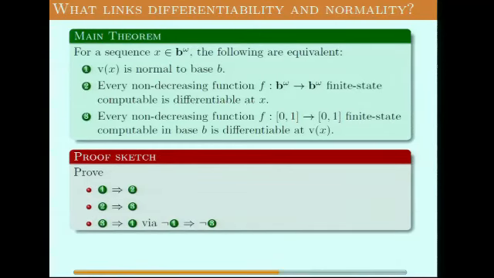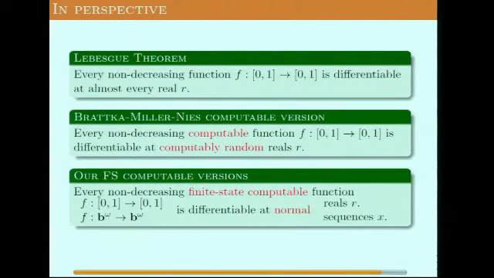So, to sum up, the result we want to present is that, well, we have the Lebesgue theorem, that non-decreasing functions are differentiable at almost every real. Then we have the computable version from Brattka, Miller, and Nies that says, well, if the functions are computable, then this almost everywhere can be made precise as computable random reals.